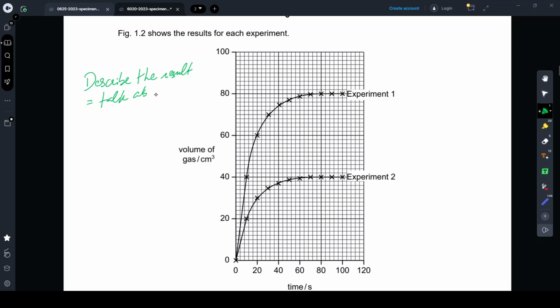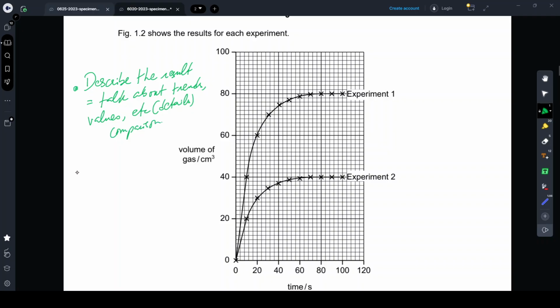In this case, it's a graph. Talk about the trends, values, and details. What do the results look like? Are they increasing? Are they decreasing? What's the maximum value? The comparison between them, etc.